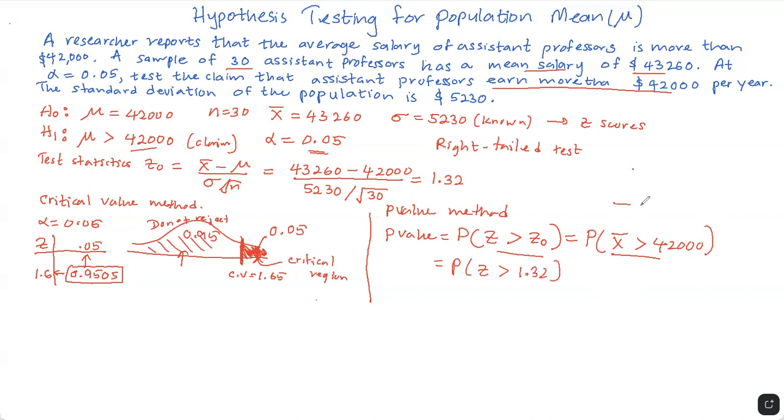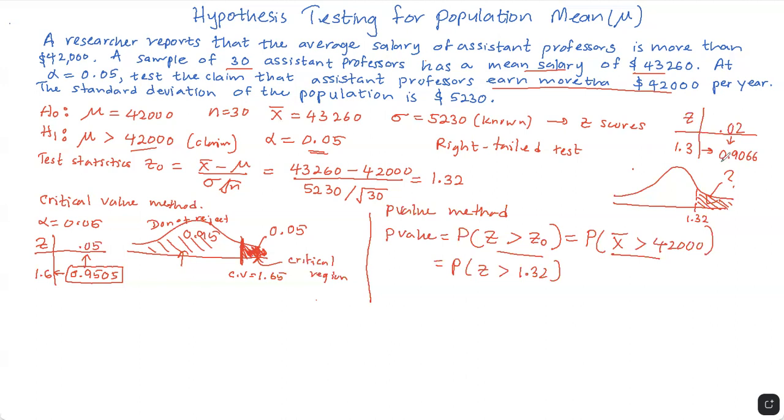So you are looking at the area. Let's say this is 1.32. All the z-scores greater than this. So you are going to find this area. So that is your p-value. So if you look at the z-score table, 1.3 and the second decimal place over here, you will see that area is 0.9066.